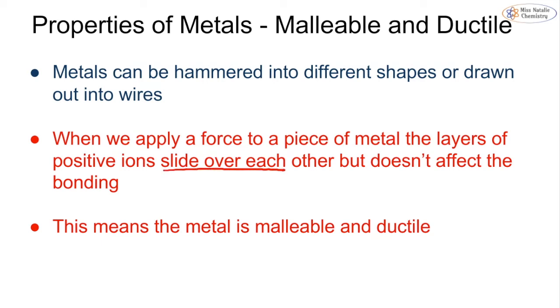Because they can slide over each other, it allows them to move and change shape. However, it does not affect the bonding. So it doesn't break up the metal, it just shifts the layers so that they move past one another. This allows us to change the overall shape, and we call this malleable and ductile.